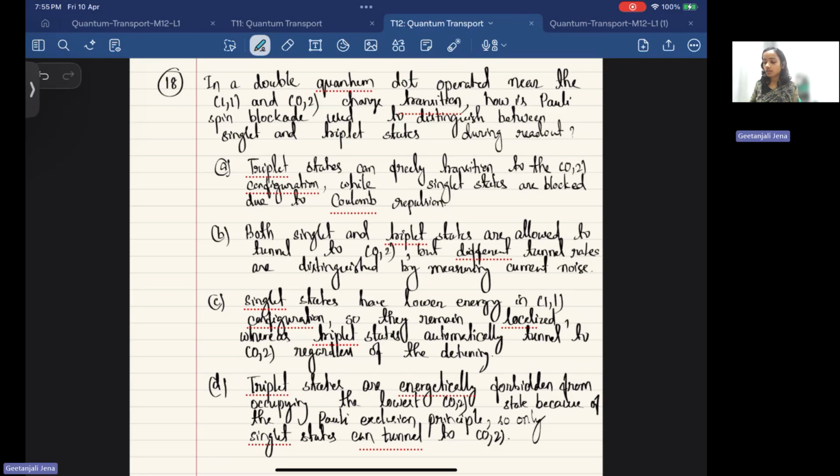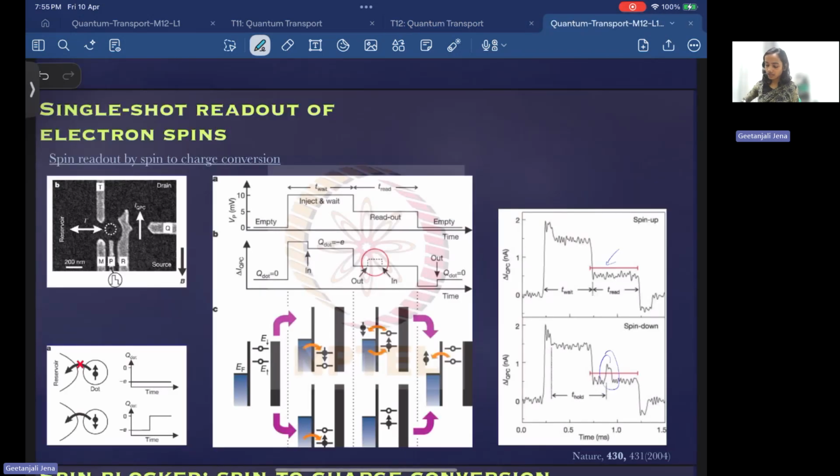So how is Pauli spin blockade used to distinguish the singlet and triplet states during the readout? The answer is option D, and we can see it here.